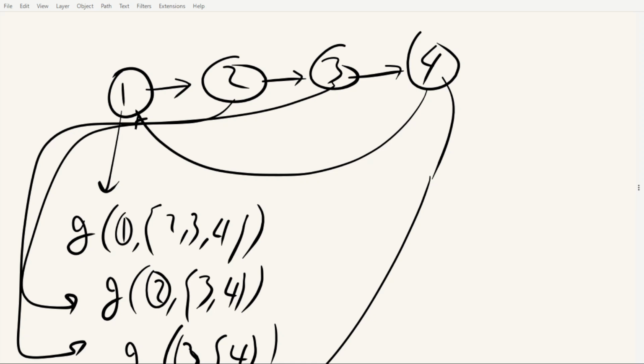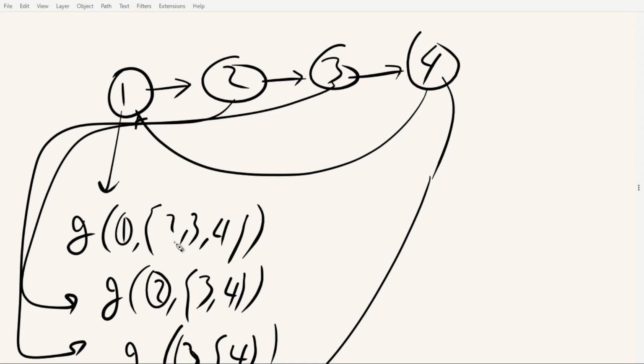Undirected graph means the distances are two-way. So we can also find the same solution in reverse direction, meaning we can also go from 1 to 4 like this, 4 to 3, 3 to 2, and 2 to 1.